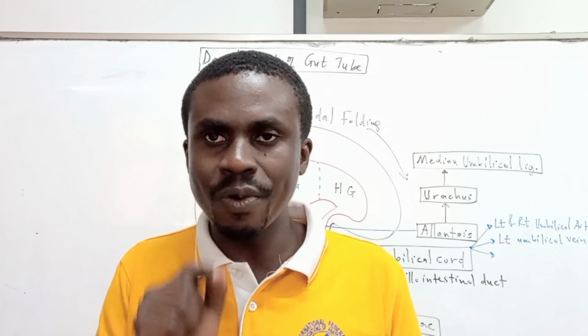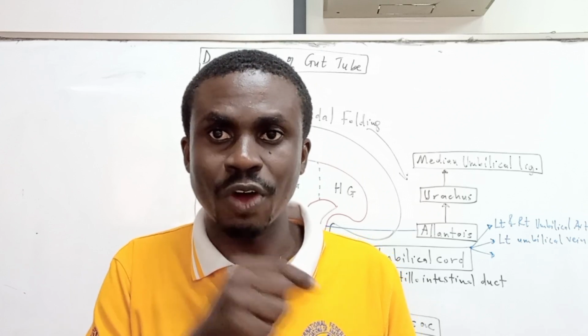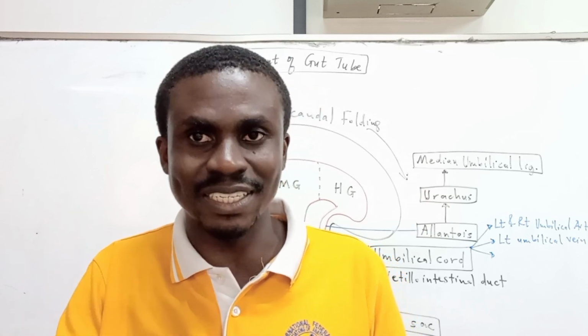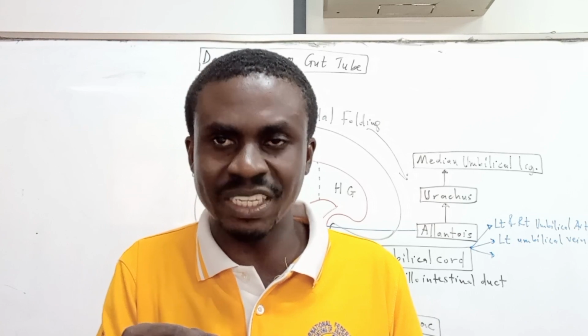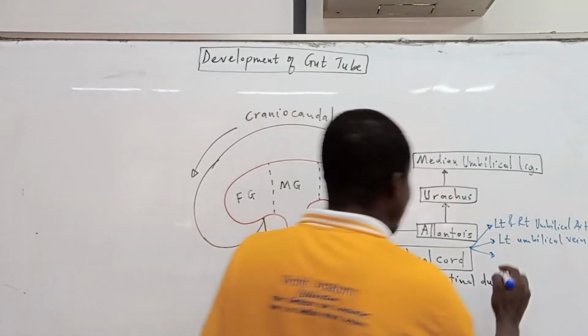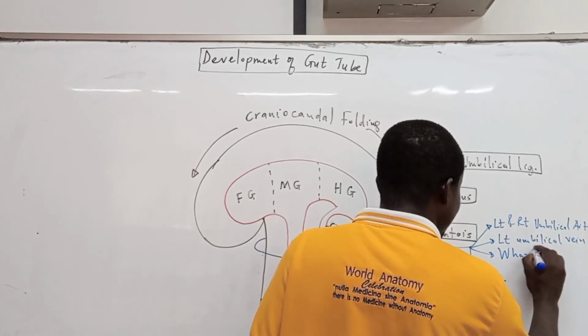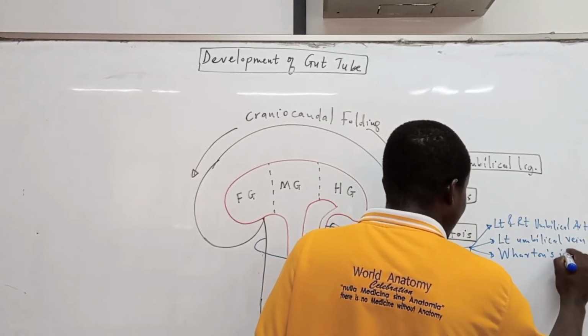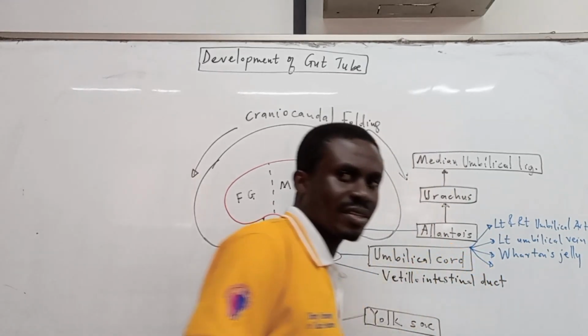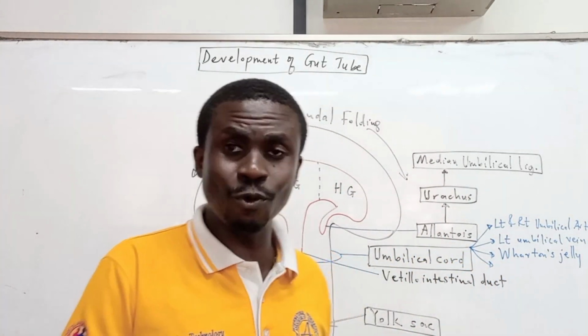And one thing that we know about this mucous connective tissue of the umbilical cord is that it will have a ground substance which is given a special name, an eponym, and that is Wharton's jelly. Okay, so Wharton's jelly will also be there.